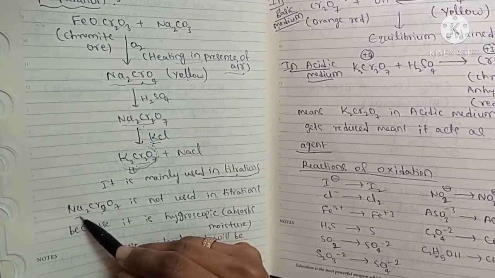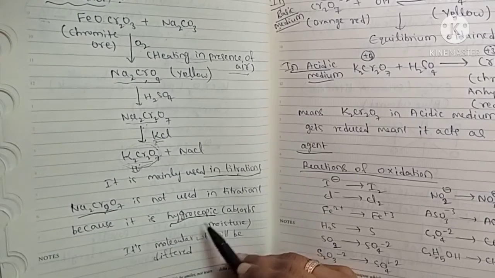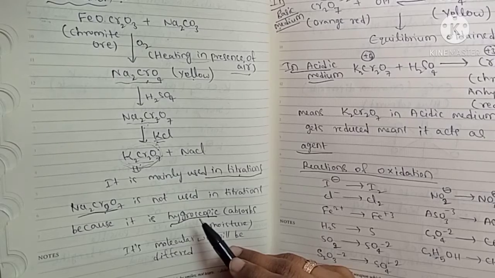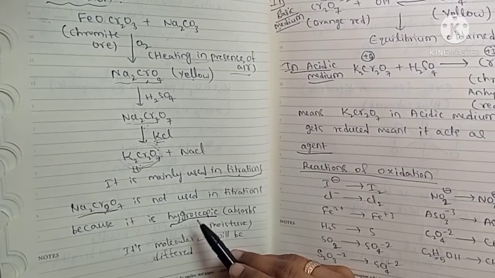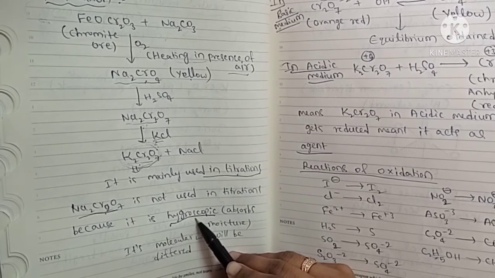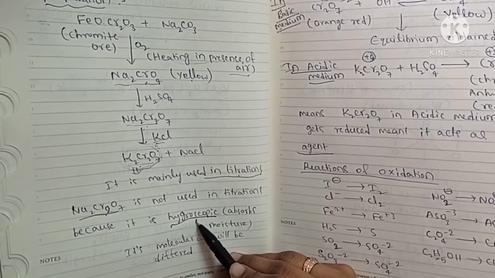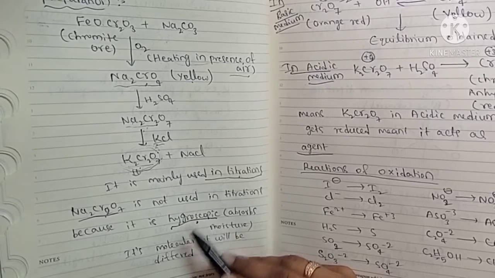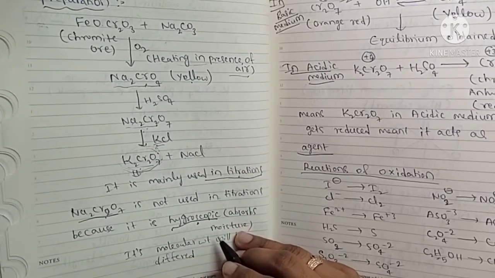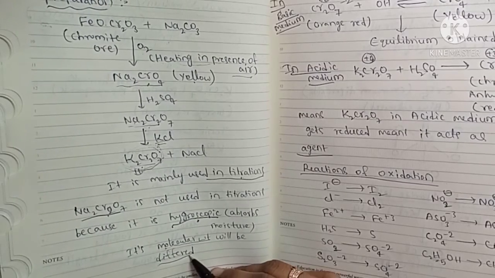Sodium dichromate is hygroscopic, which means it absorbs moisture from the air and combines with water molecules, so its molecular weight or equivalent weight will change. Then we cannot calculate the exact concentration of other chemicals. So it is not used in volumetric analysis because its molecular weight will differ.